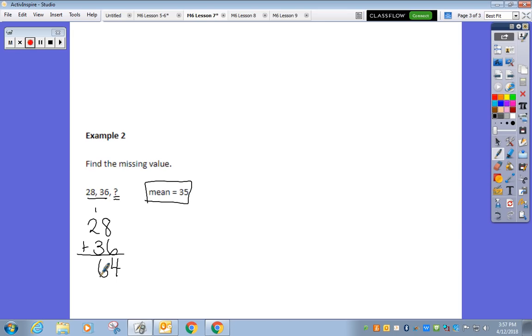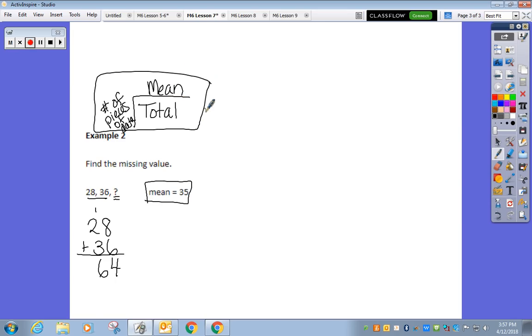After I do that, when I showed you the end result, I had a total that I divided by the number of pieces of data, and my answer was the mean. So I'm going to use this to help me figure out my missing number.